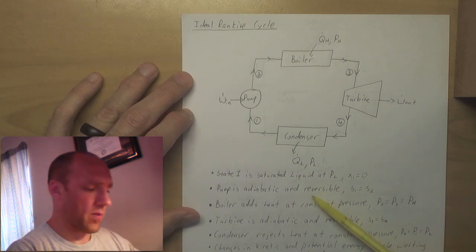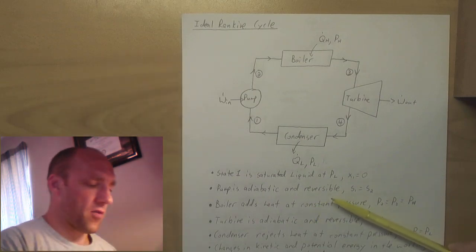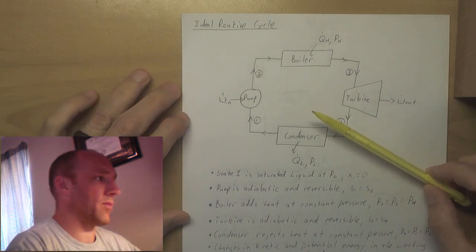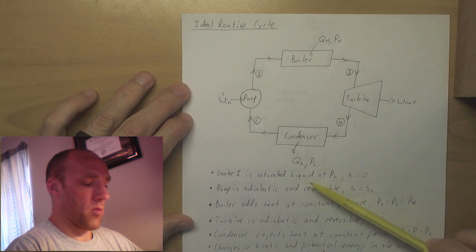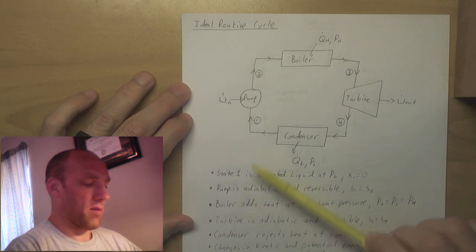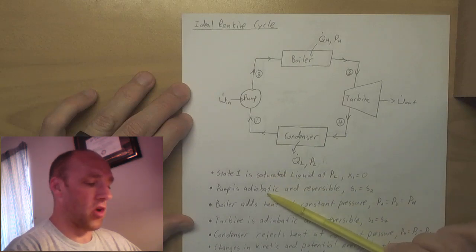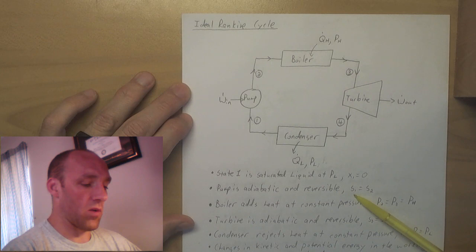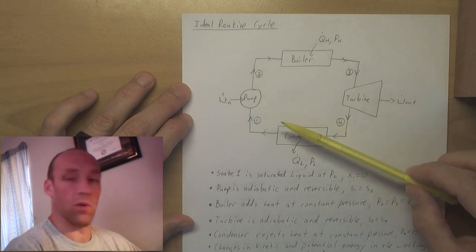I'm going to touch briefly on the differences between real devices and this ideal cycle at the end, maybe through the examples. But basically, the assumption is that the pump is adiabatic, meaning no heat transfer, and it's reversible. So, like we discussed previously, that means that the entropy remains constant in the fluid.